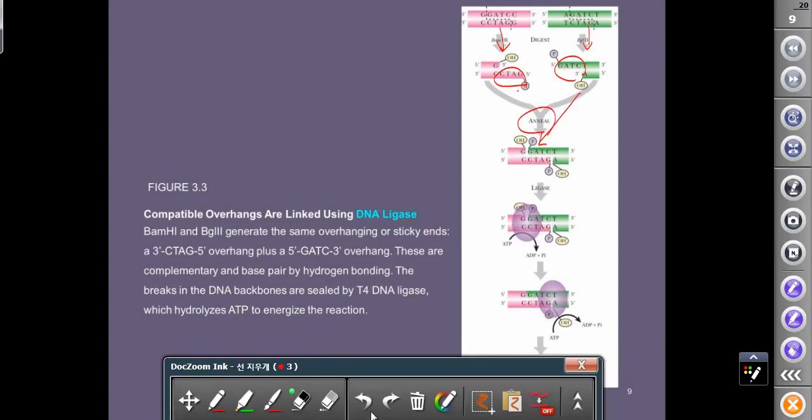But you have to see that not everything is fully recovered. Here you see still some broken part. Why? Because you know these are the backbone with a phosphodiester bond. How does it look? Let me draw it like that.